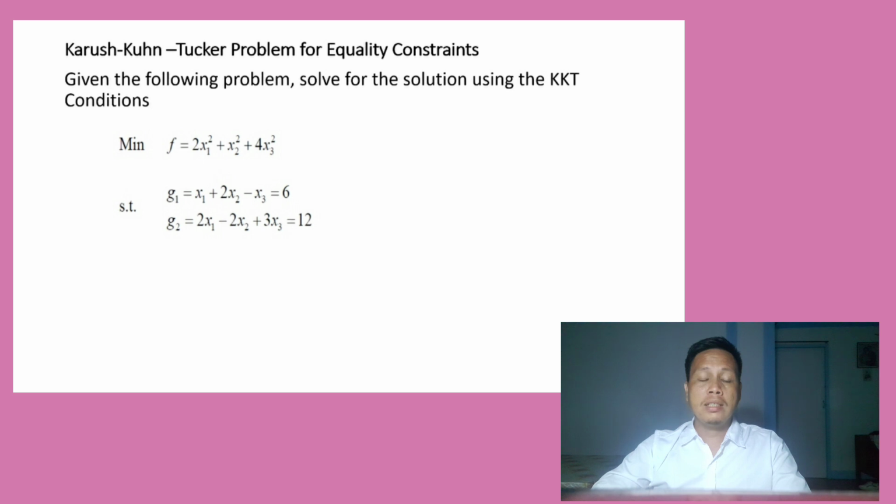This equation is nonlinear because it is a quadratic equation. Subject to g_1 equal to x_1 plus 2x_2 minus x_3 equal to 6, and g_2 equal to 2x_1 minus 2x_2 plus 3x_3 equal to 12. So g_1 and g_2 are both equality constraints.